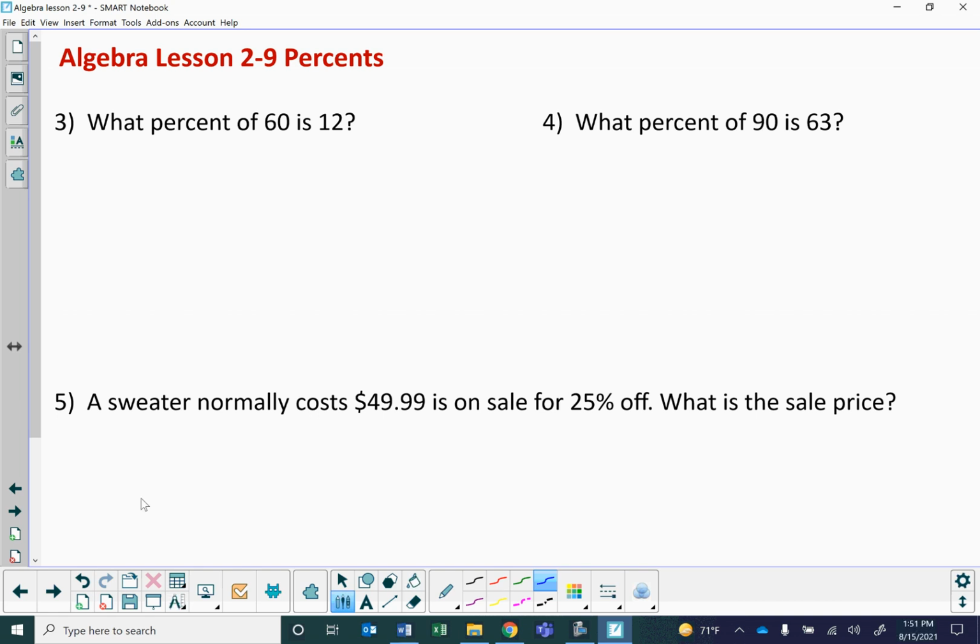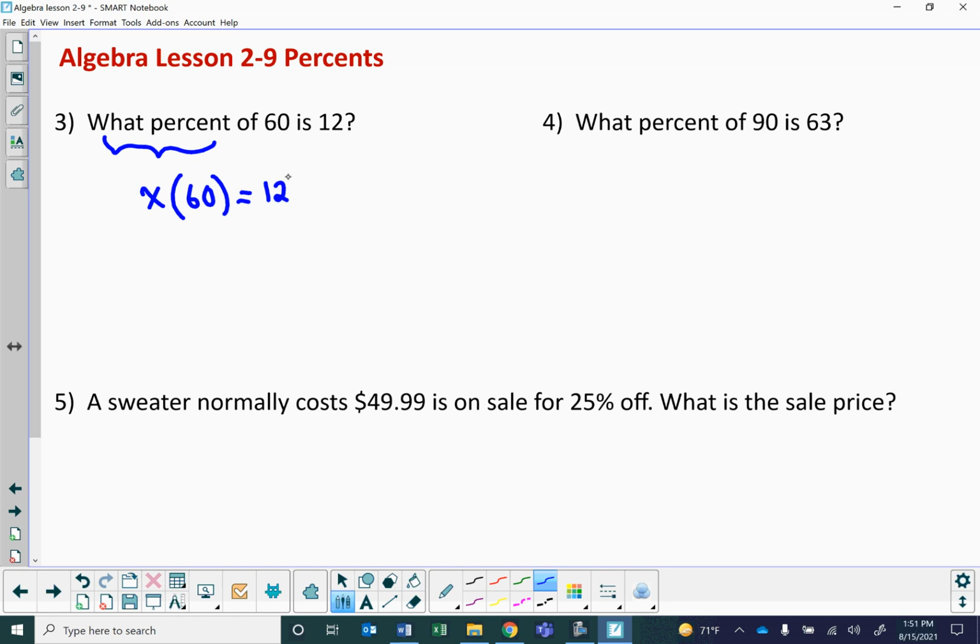Let's work on a couple more. What percent of 60 is 12? Okay, what percent of 60 is 12? So I'm going to do an equation first on this one. What percent? It's going to be x of 60. Of means multiply, of 60 is means equals, and 12 is 12.